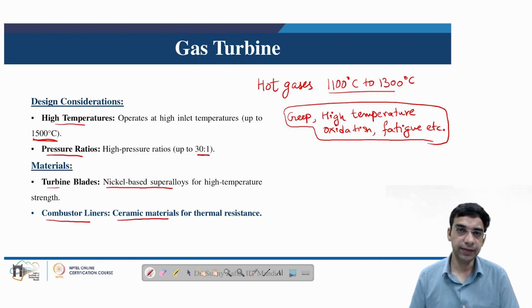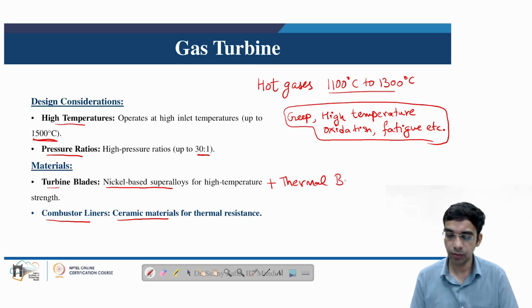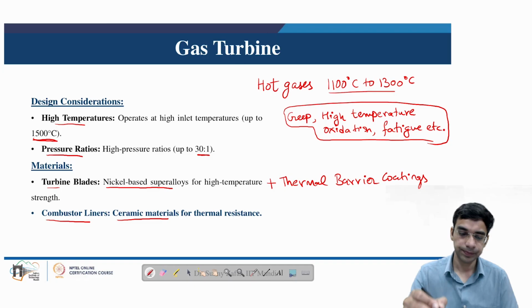So it is often lined with ceramic materials, and sometimes even on the gas turbine blades we may use, in combination with the super alloys, thermal barrier coatings, which we will look into in more detail as we move forward in this course. Thermal barrier coatings are also ceramic-based coatings, which are primarily used on the blades for thermal resistance.